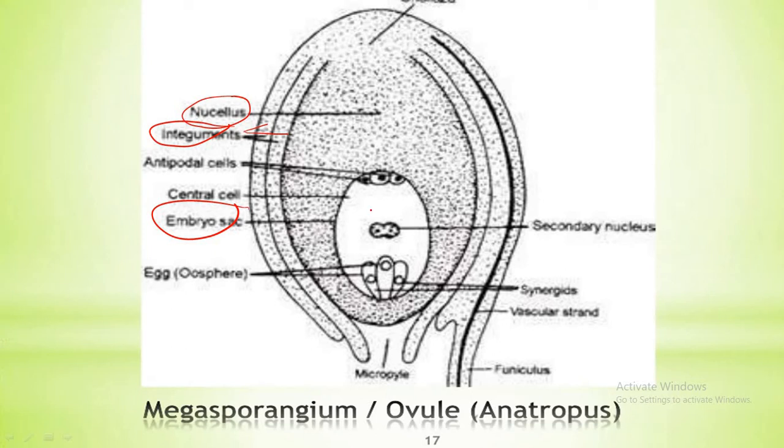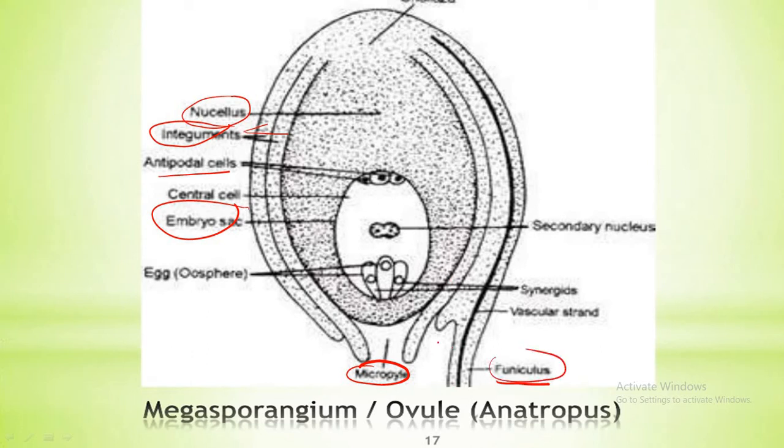Inside the embryo sac there are three antipodal cells. You can see the integument covers the complete ovule except the region which is called the micropyle. In the micropyle region there is no integument. Then this is the funicle, which connects the ovule to the placenta.